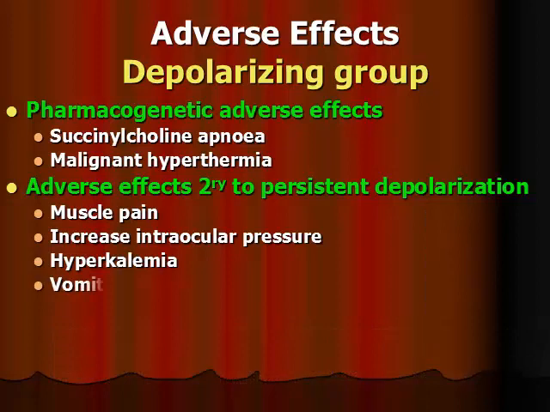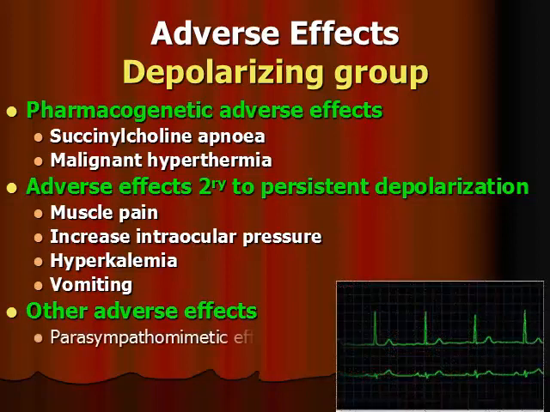The last one is vomiting, which is attributed to the fasciculations of the abdominal muscles. Other adverse effects stem from the additional receptor effects, e.g., the bradycardia, which occurs due to muscarinic receptors stimulation.